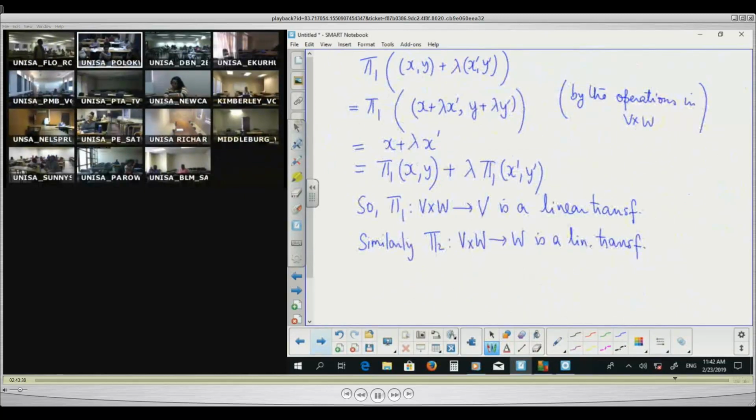I'd like to ask what happened to the y plus lambda y prime? Remember your function pi1. Pi1 was the function from V cross W to V, whose input is an ordered pair, and it suddenly forgets the second coordinate and returns you the first coordinate only. Okay. Thank you, sir.